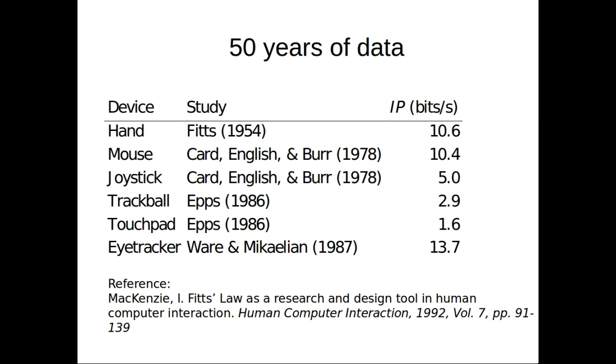The mouse has about 10.4, which is about the same as the human hand at 10.6. Joystick is lesser, 5.0. Trackball even lesser, 2.9. Touchpad even lesser, 1.6. The eye tracker, which may be relevant to virtual reality, has a much higher index of performance.